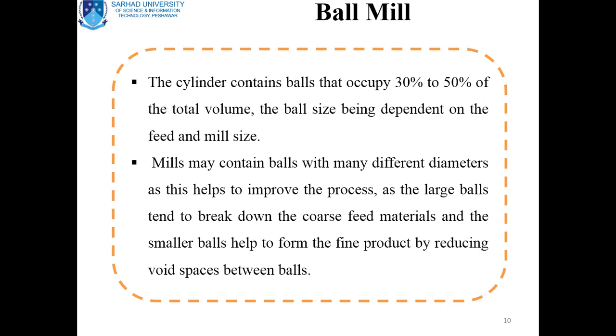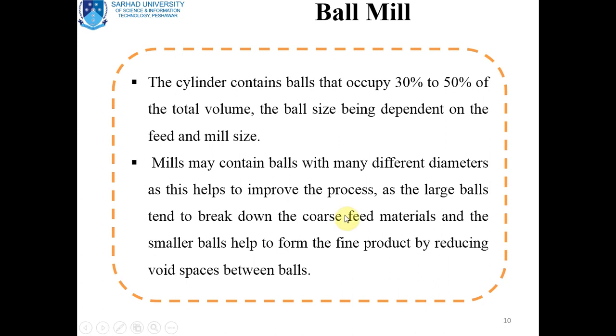And these balls occupy 30% to 50% of the total volume of the mill. The ball size is dependent on the feed and mill size. Mills may contain balls with many different diameters, as this helps to improve the process, as the large balls tend to break down the coarse feed materials, and the smaller balls help to form the fine product by reducing wide spaces between balls.